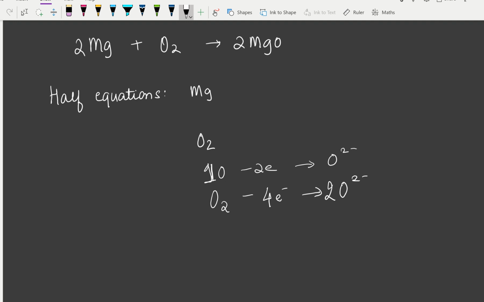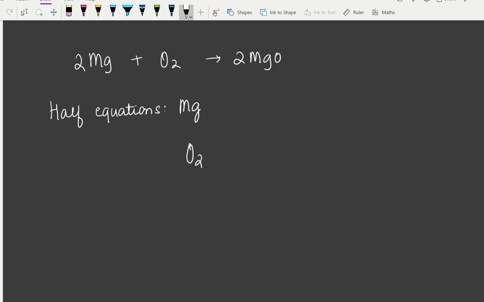No, it cannot lose. If you have realized this, I'll be very happy. The half equation for oxygen: oxygen has an electronic configuration of 2, 6. It needs to accept 2 electrons, right? Not lose. Well, if you got that, I'm glad, and if you didn't, be more careful.